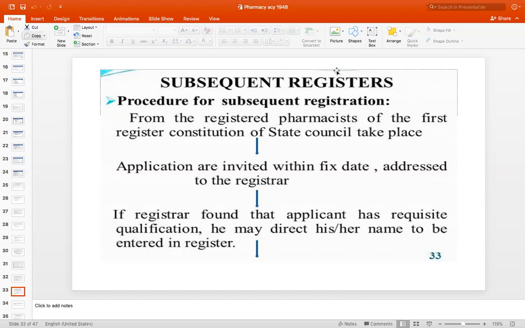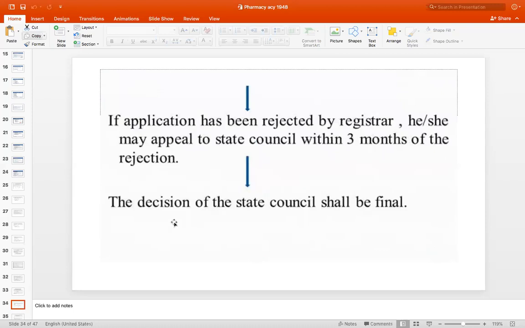But we'll see what the procedure is. Applications are invited again within a fixed date. Whoever wants to apply, they have to apply to the registrar on that date only. If the registrar finds that the applicant has the requisite qualification, he may direct his or her name to be entered in the register. If he feels that the name fulfills all the regulations written in the PCI, then he may direct.